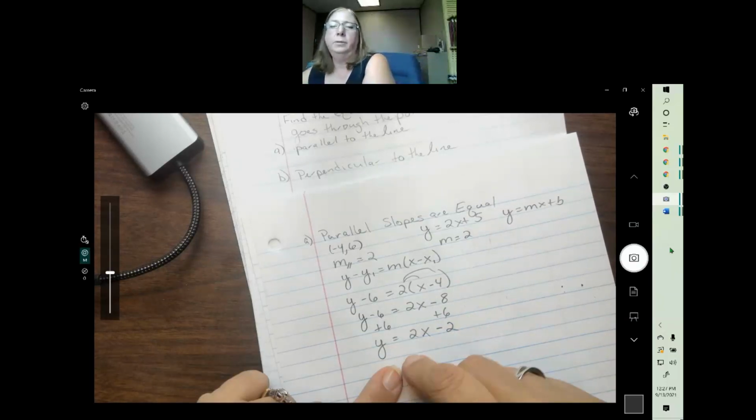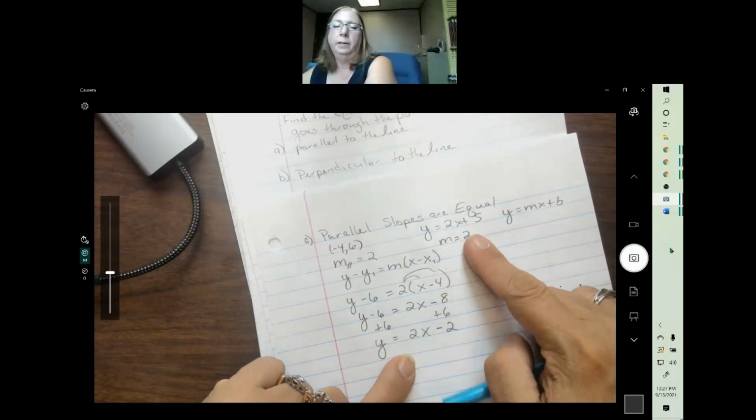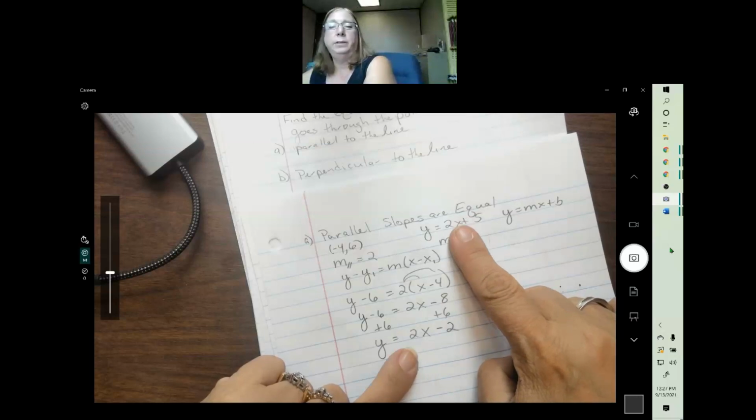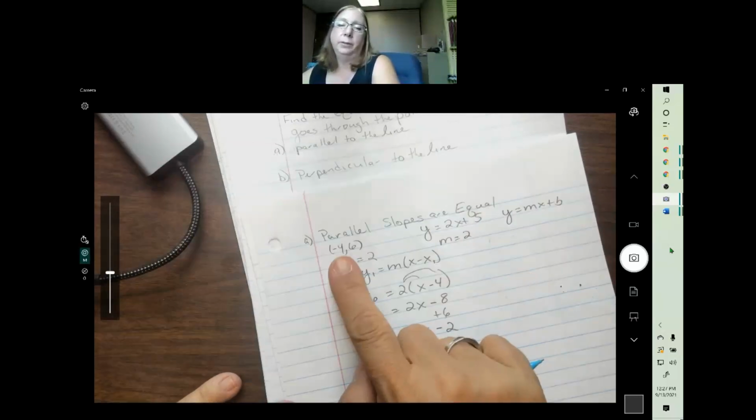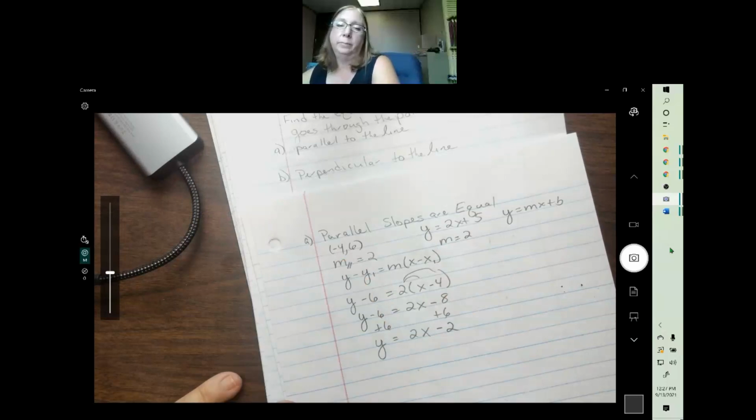So this line is parallel to this line. And remember on Desmos we said when the slope is the same, the lines will be parallel. And it goes through that point. Any questions on that?